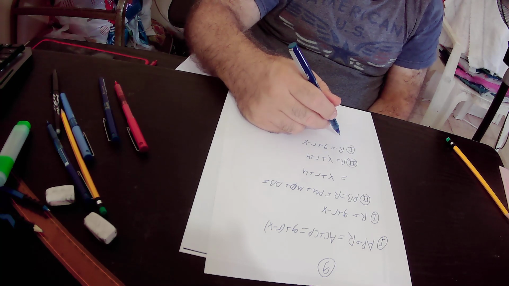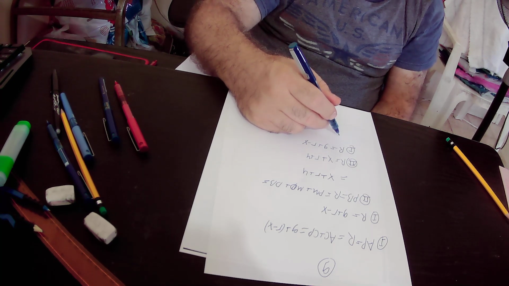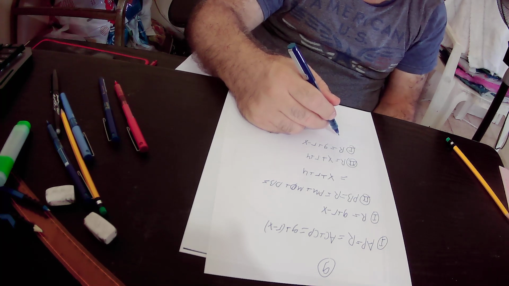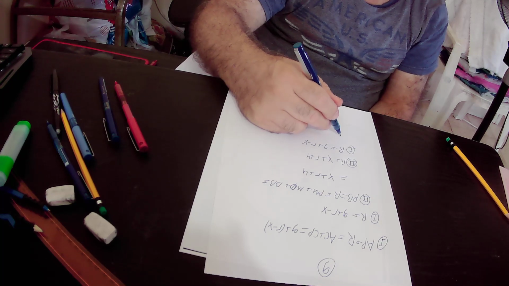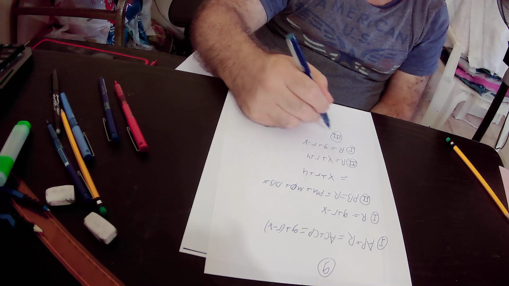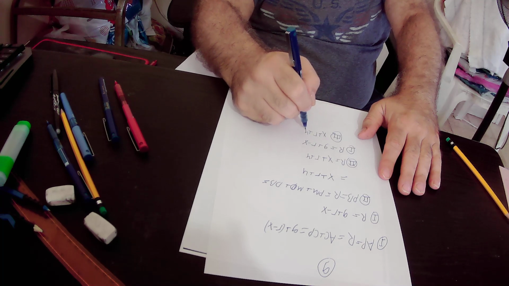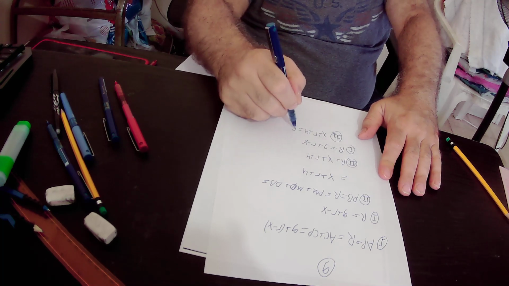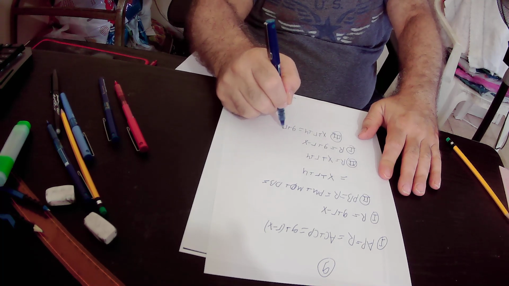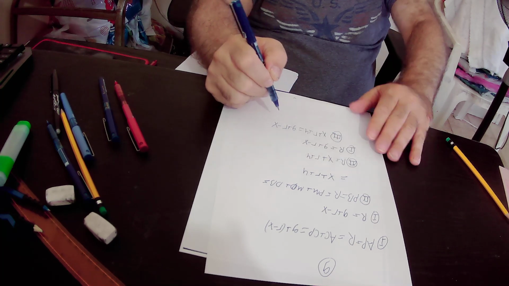Actually, equation number 1 and 2 are the expressions of the radius of the same circle, so those two expressions are equal to each other, so we can write down that x plus small r plus 4 equals 9 plus small r minus x.